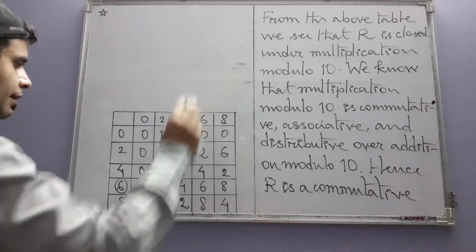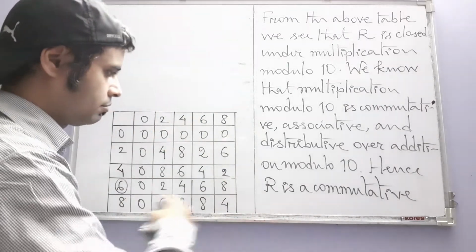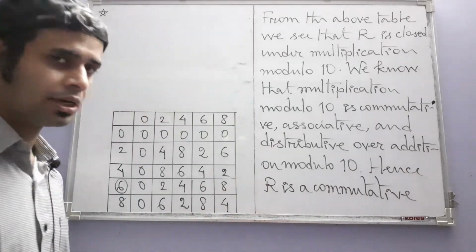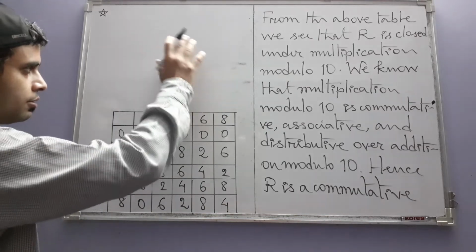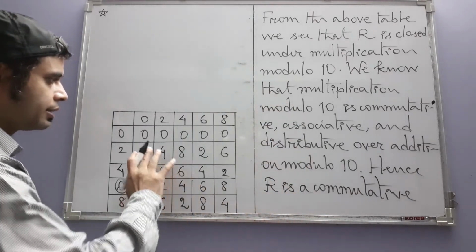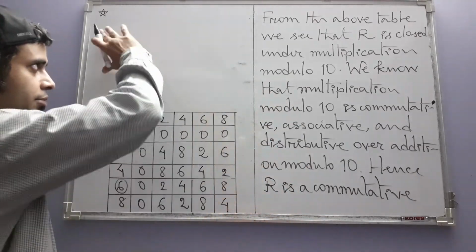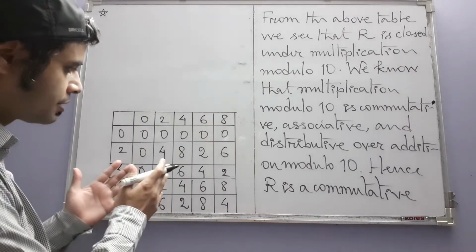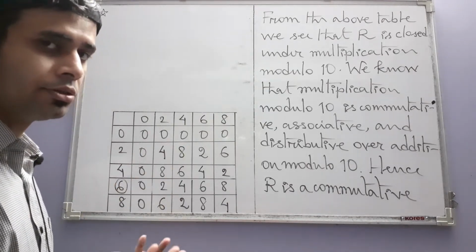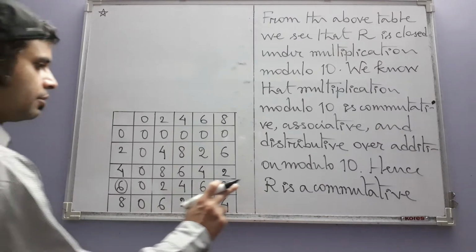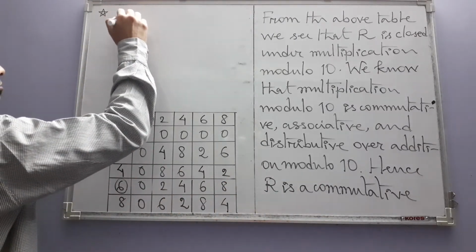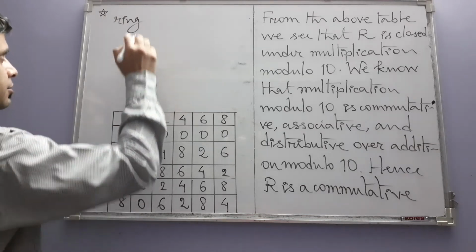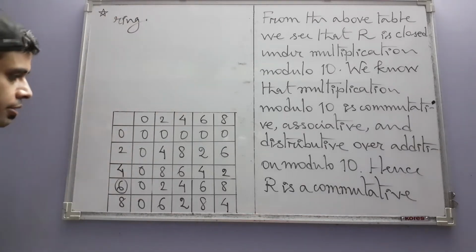Of course you do not have to, you are writing it in some notebook or something like that, right? It may seem a little strange that I'm keeping this and then writing somewhere else, but I'm keeping these things only for us to see so that we do not lose it. Hence, R is a commutative ring, and that's just it. That's the conclusion at this stage.